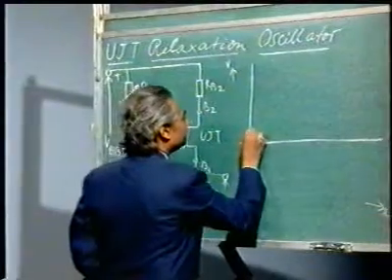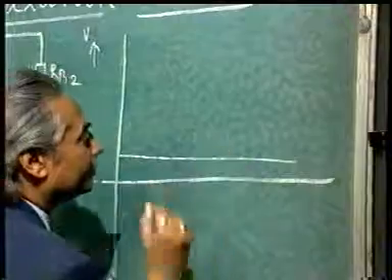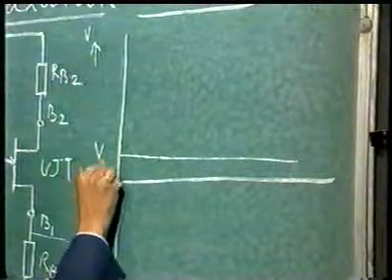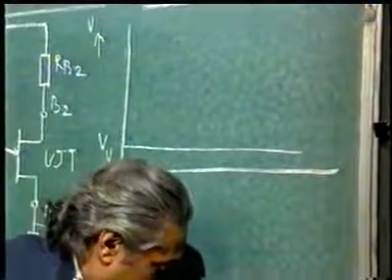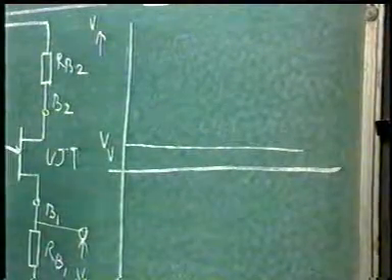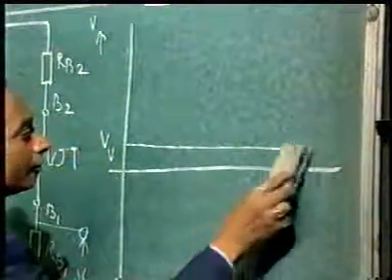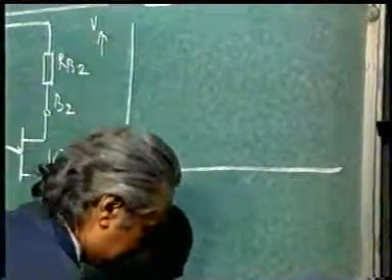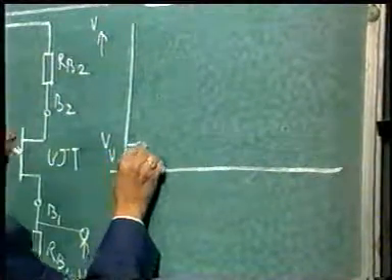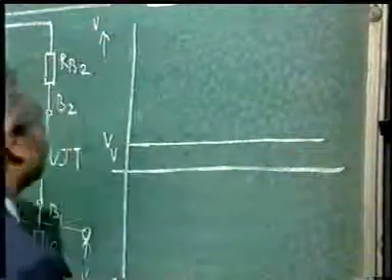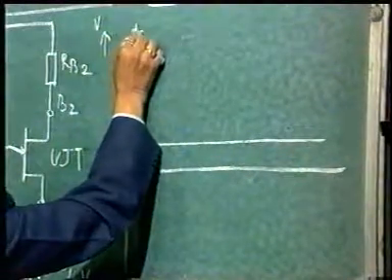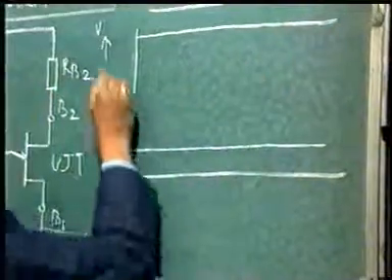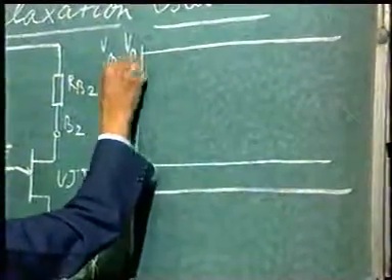This is VV, which is the valley voltage, and this is the peak point voltage, which is Vp.